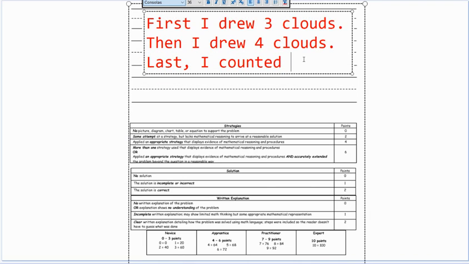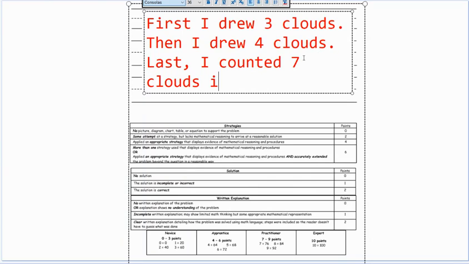Last, I counted 7 clouds in, remember that word, total? Okay. So you could do your own explanation, or you could copy the one that I just did. Okay, so first I drew 3 clouds, then I drew 4 clouds. Last I counted 7 clouds in total.